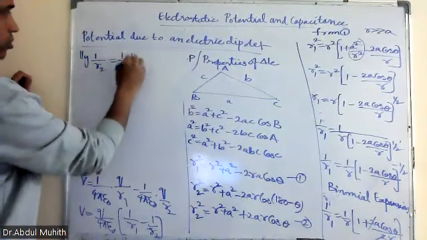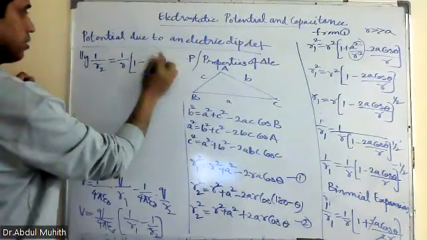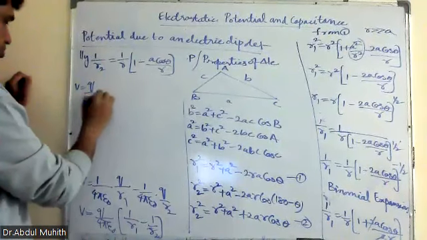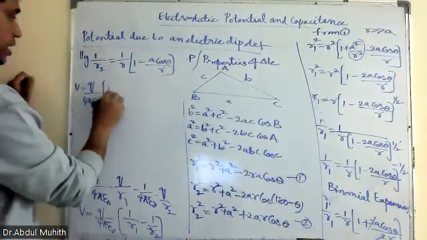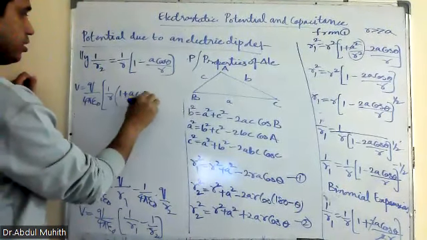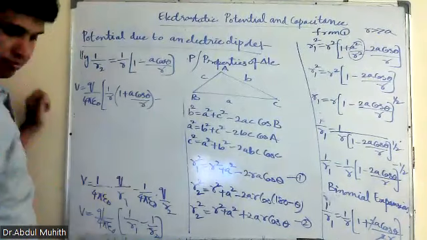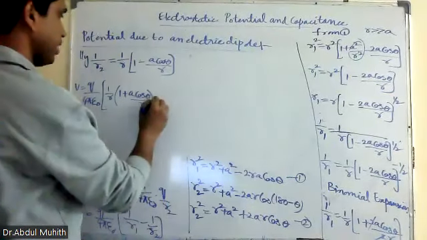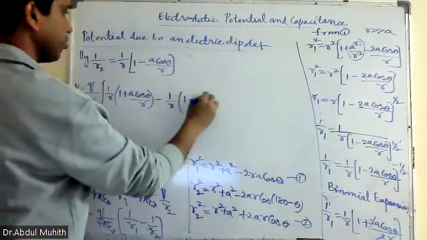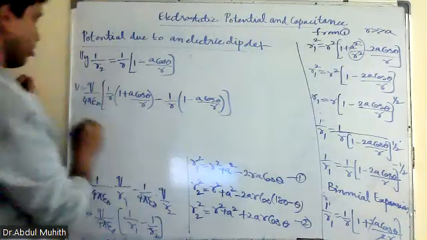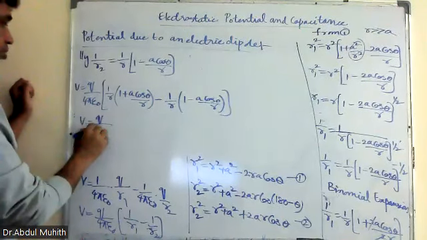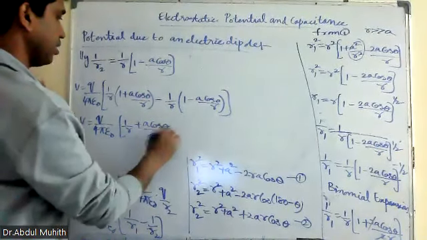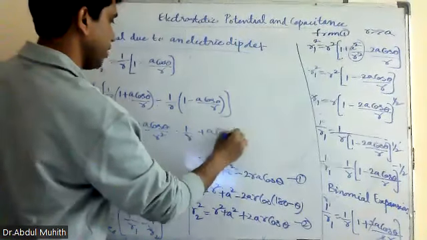The value is 1 by R into 1 minus A cos theta divided by R. So the formula is V is equal to Q by 4 pi epsilon 0 into 1 by R1 minus 1 by R2. 1 by R1 value is 1 by R into 1 plus A cos theta divided by R, minus 1 by R into 1 minus A cos theta divided by R. So V is equal to Q by 4 pi epsilon 0 into 1 by R plus A cos theta divided by R square minus 1 by R minus A cos theta divided by R square.